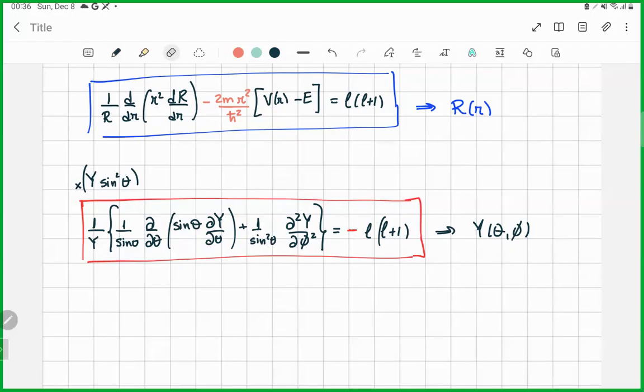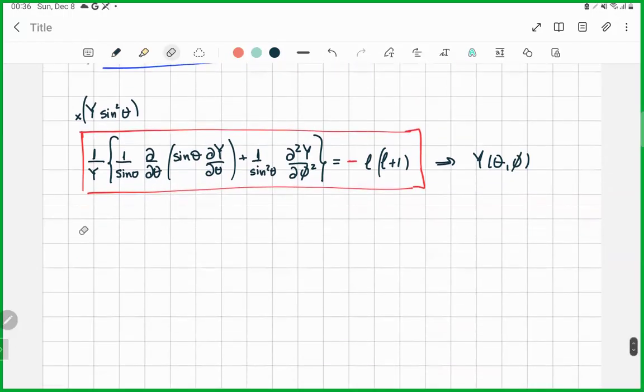Okay, so our equation is now going to become, this equation will become sine of theta, because of that, we have this sine squared and this sine here. So now we have just sine of theta, and then the derivatives in theta.